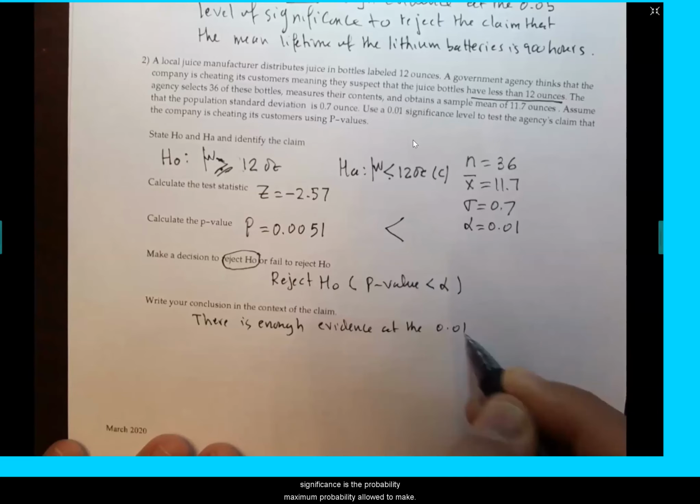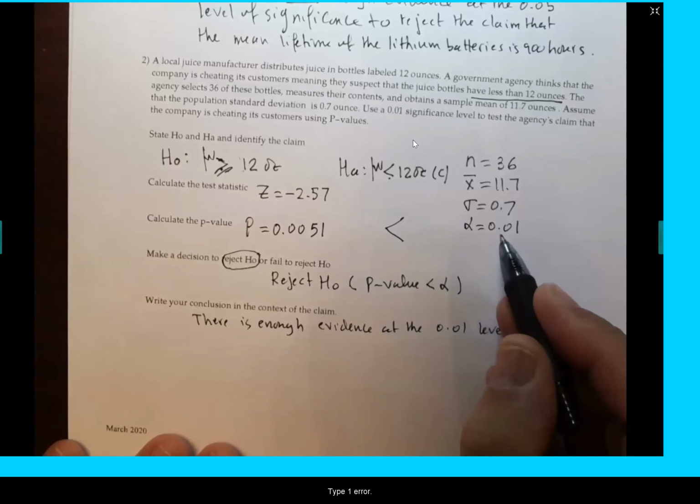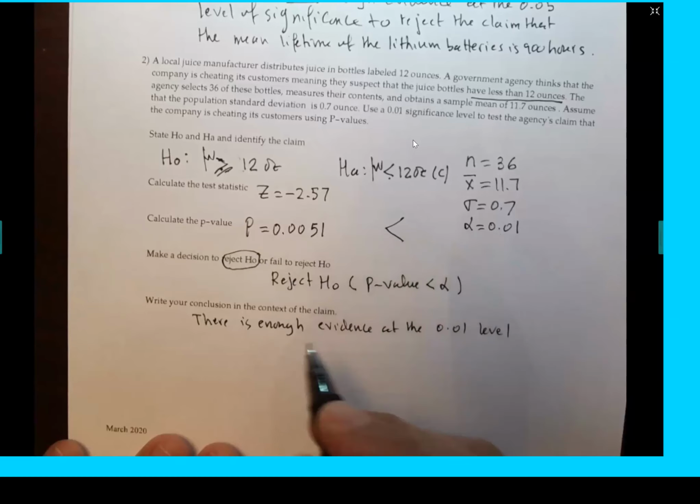What is the level of significance? It's the maximum probability allowed to make a type 1 error. Type 1 error is the mistake of rejecting H0 when it isn't actually true.